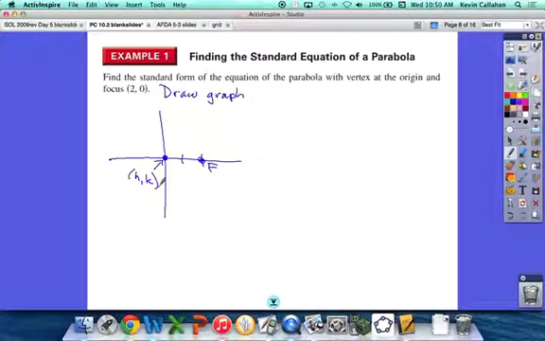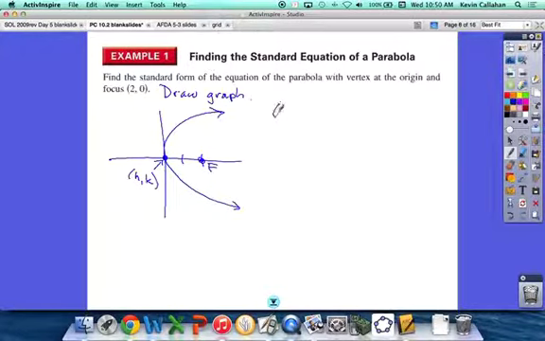So just by looking at that, you should be able to tell me what direction this is opening. To the right, right? You know that the focus is inside this thing, and the vertex is there. So we know that it's doing this kind of thing. So that tells me which one of the standard equations to use, right? Because there were 2 of them. I got to use the one that was for horizontal.